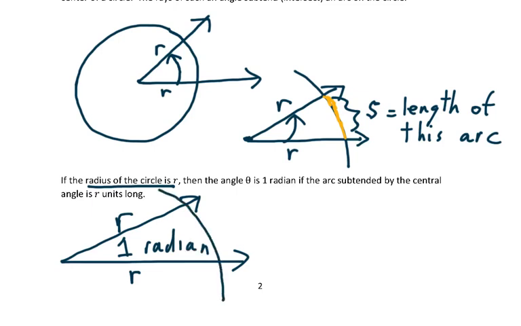When this arc length is also R units long, that's just what 1 radian is by definition. So it's 1 radian if S equals R, if this arc is also R units long, R being the radius of the circle.